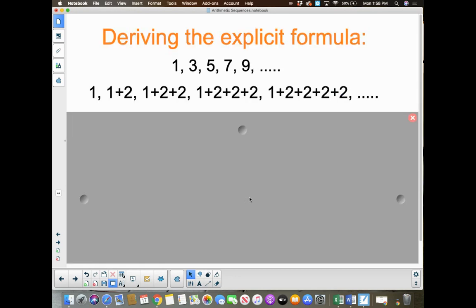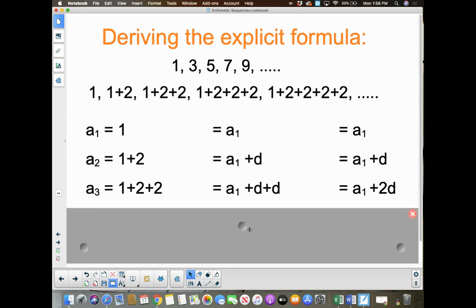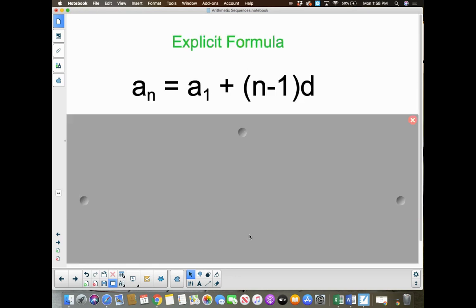So we notice we get the formula by looking at something that has a lot of different ways of looking at this. Let's look at the actual formula itself. So if you remember, a sub n is our nth term. That could be me asking you for the 8th term, the 12th term, the 13th term, the 135th term, it doesn't matter.